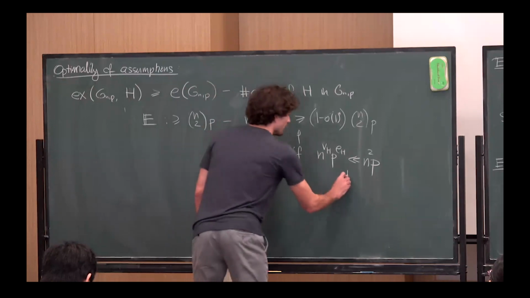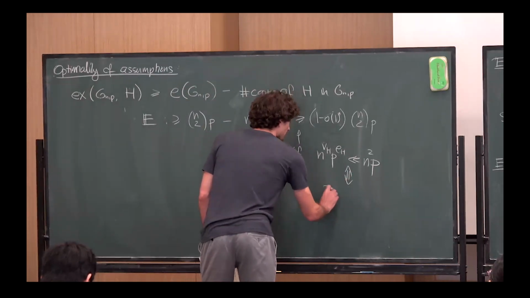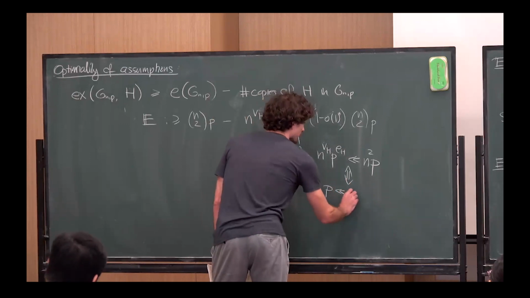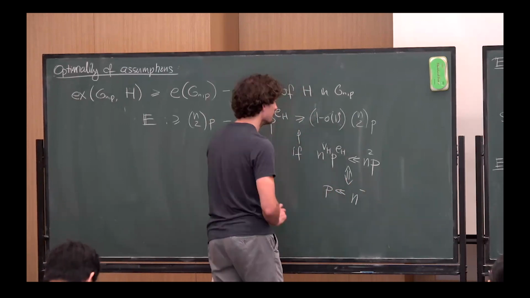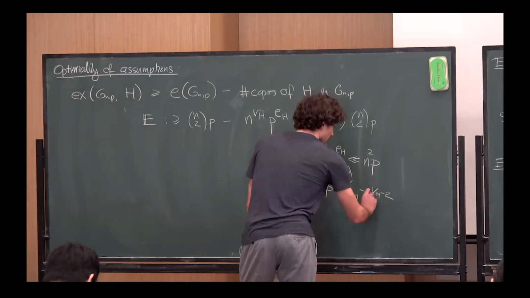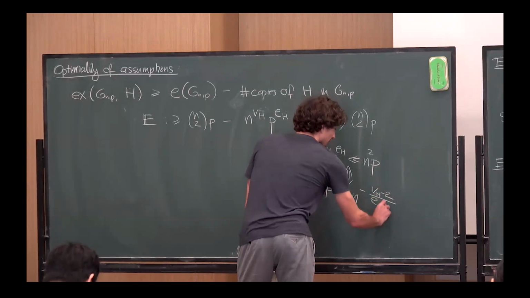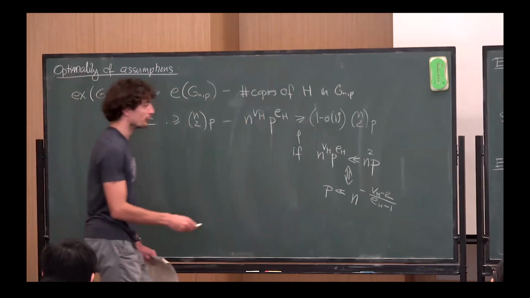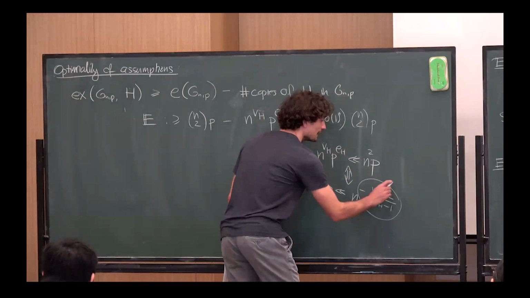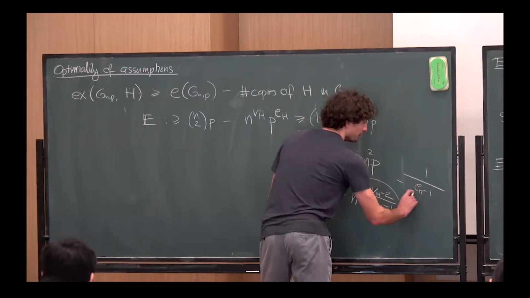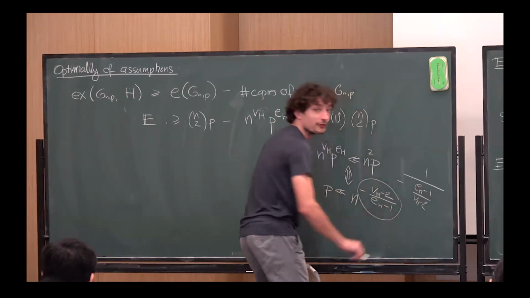And this is equivalent to saying that P is less than n to the power minus VH minus 2 divided by EH minus 1. And what is this? It's minus 1 over EH minus 1 divided by VH minus 2.